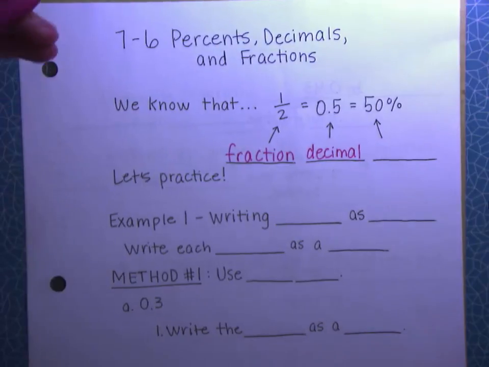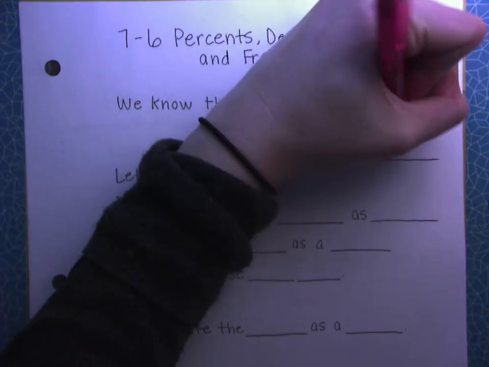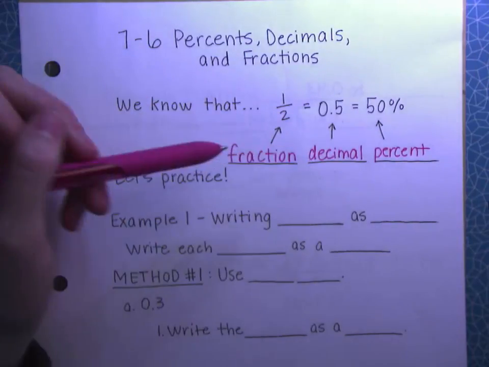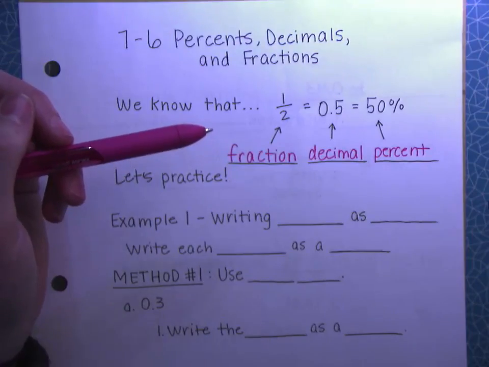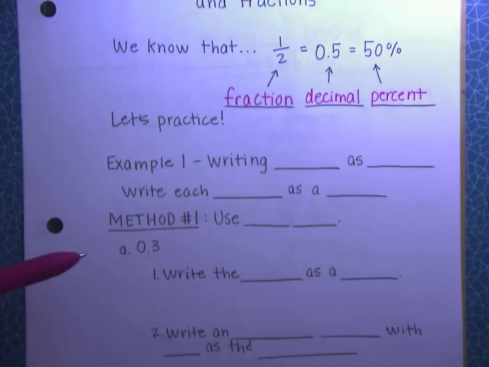And 50% is another way of saying half of something as a percent. So these are all equivalent ways to write 50% or half. Okay, so let's do some practice.